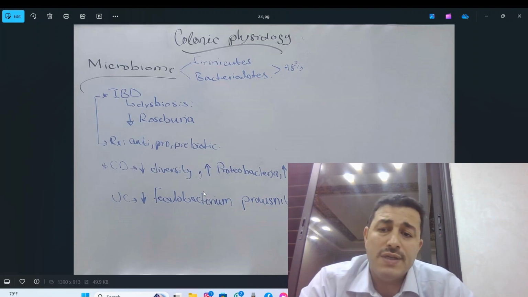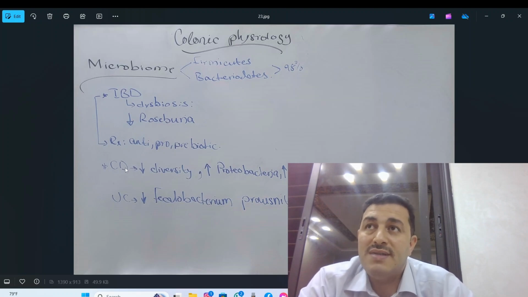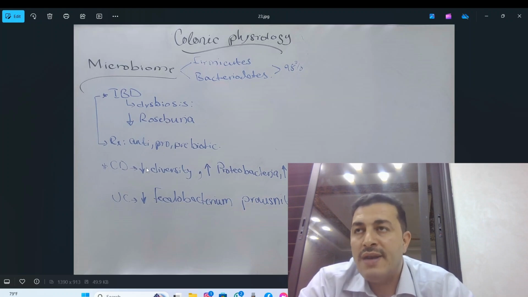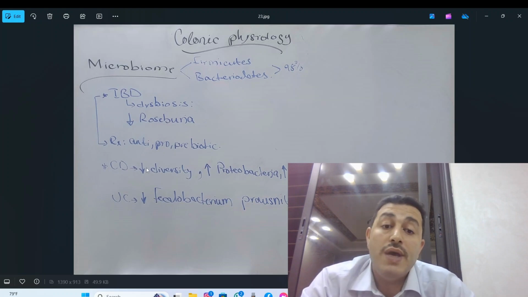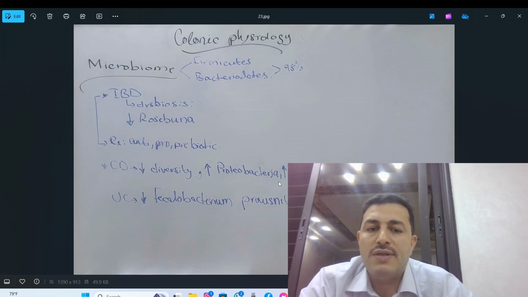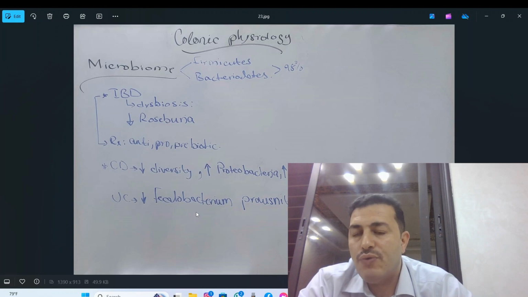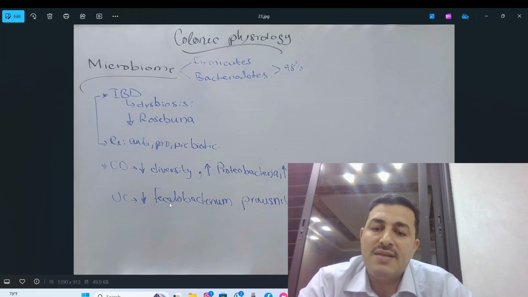But what we know, for example, is that in Crohn's disease the diversity of the microbiome is lower than in a healthy patient. In Crohn's disease we have increased bacteroides and proteobacteria, while in ulcerative colitis there is a decrease in Faecalibacterium prausnitzii.